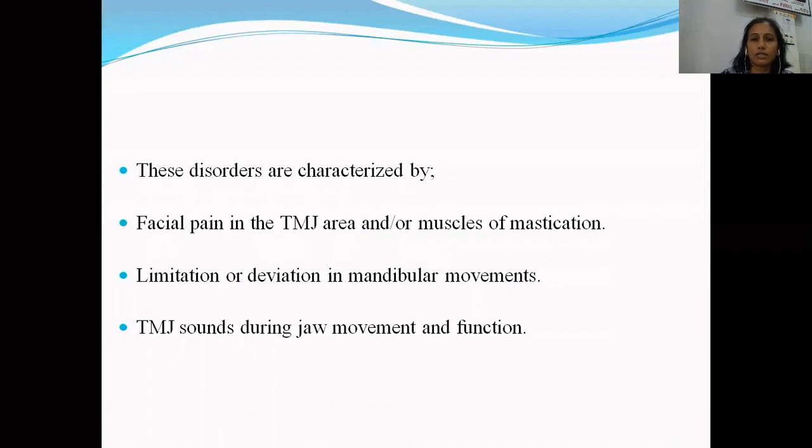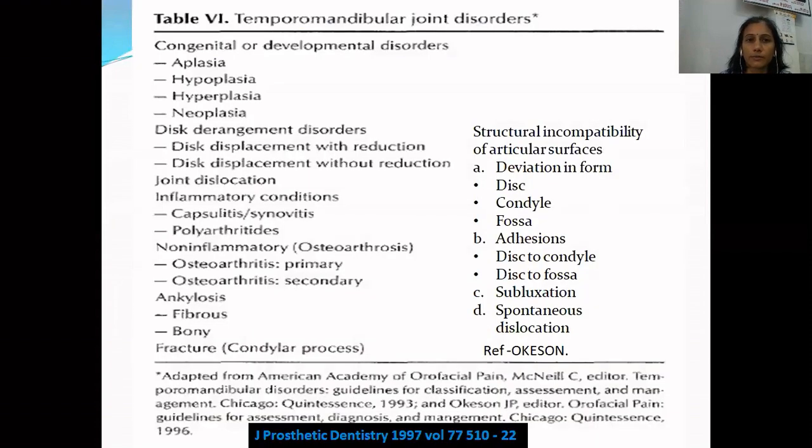These TMJ disorders are mainly characterized by facial pain in the TMJ area, that is in the pretragus area or in the muscles of mastication, any limitation or deviation in the mandibular movements, and any sounds produced during jaw movement and function.